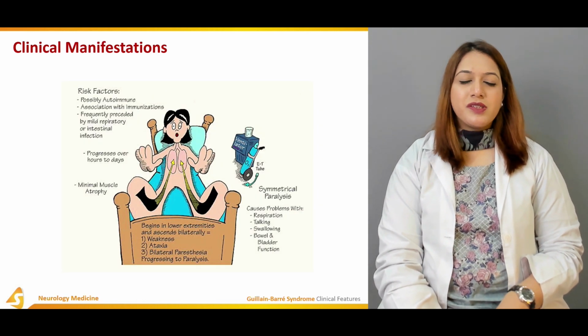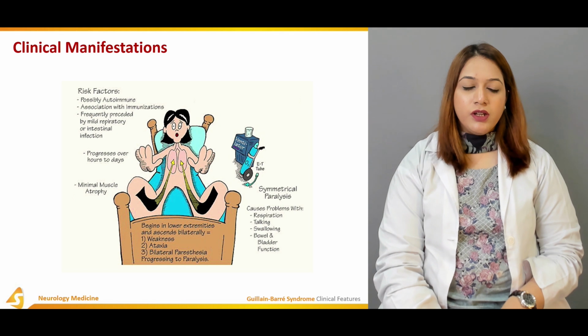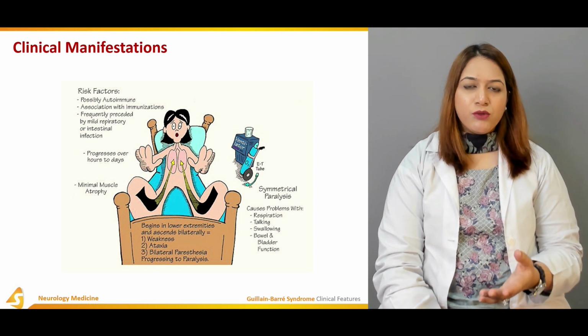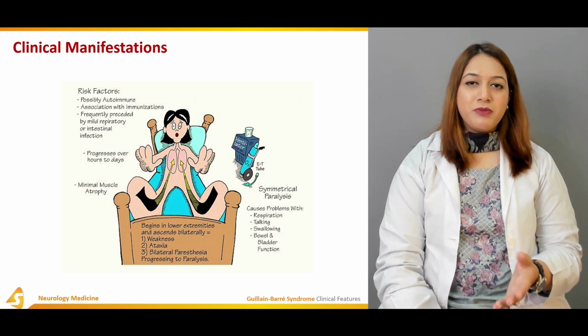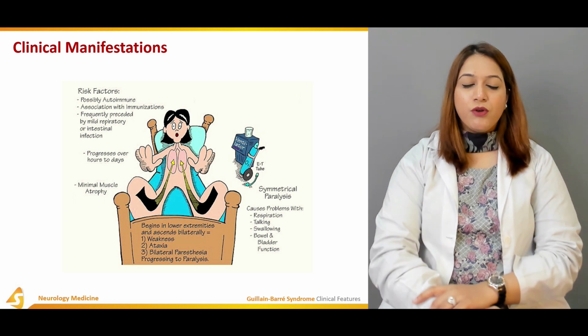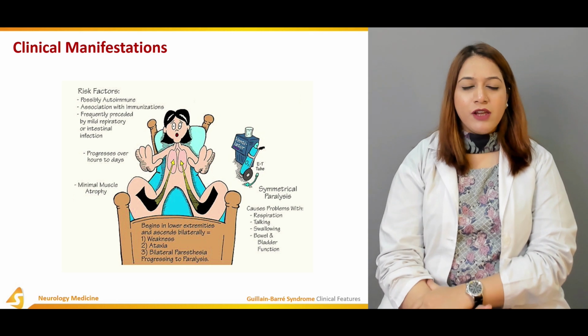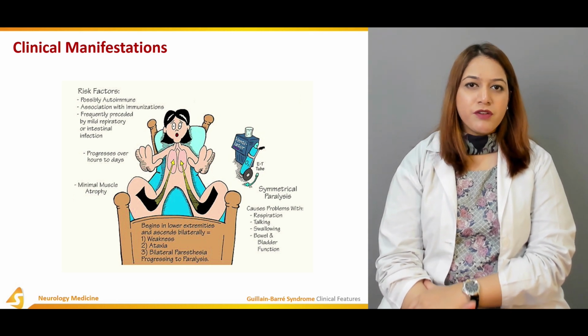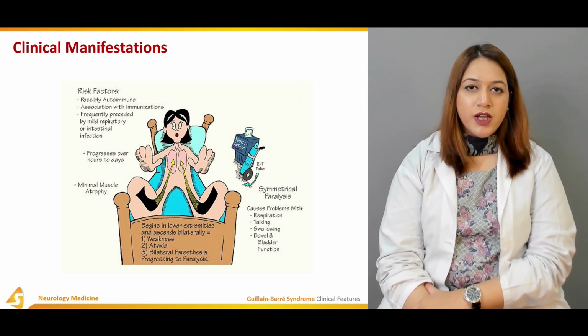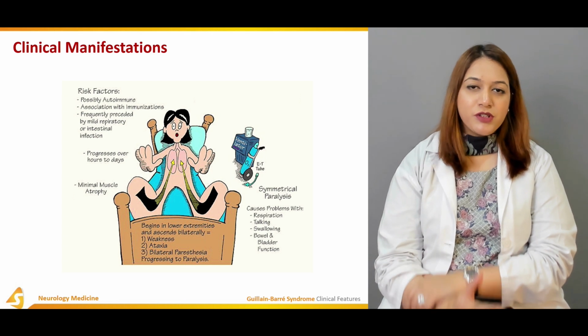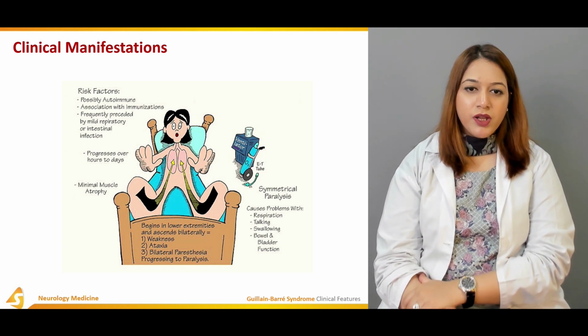So first of all, we will see the risk factors of GB syndrome. As we know that GB syndrome is possibly autoimmune. So first of all is any autoimmune disease. If the patient is suffering from any autoimmune disease, they are at an increased risk of developing GB syndrome.